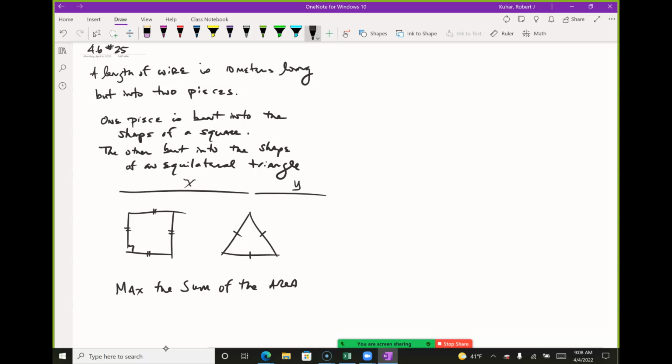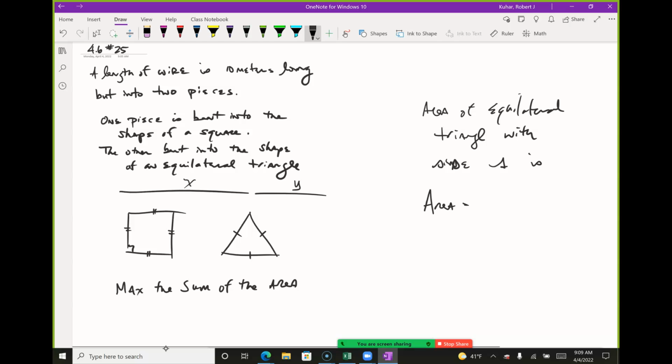So I would give you the area of an equilateral triangle with a side of S. I remember it being a 1/2 something.